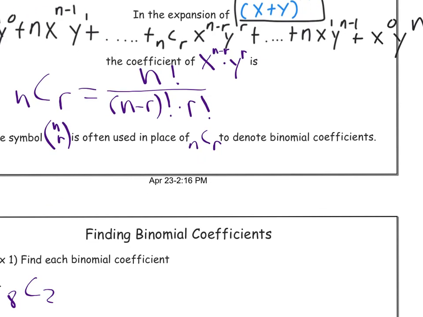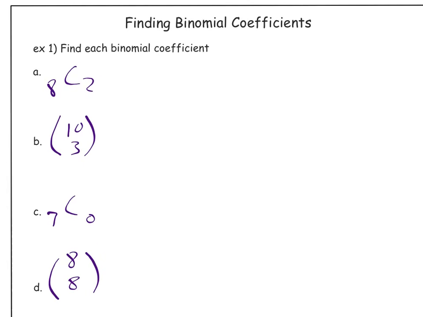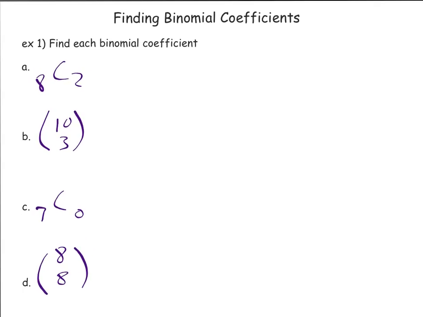What I want to take you through now is just a handful of examples of how we would find those coefficients. Here's how these work. This would be the number in front of the x and the y, what we would call our coefficients.